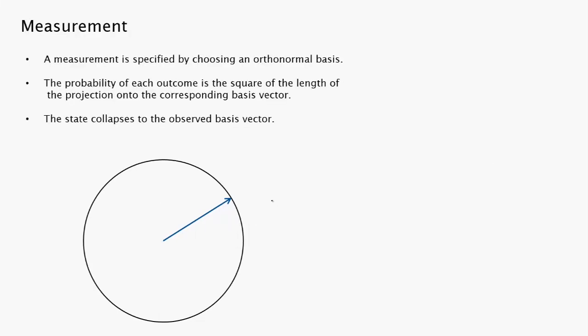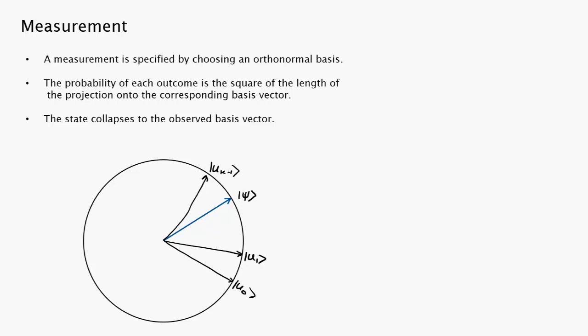Now, what happens when we measure the system? In general, a measurement of the system involves choosing an orthonormal basis. So we choose an orthonormal basis, let's call it u0, u1, through u k minus 1. So this is our choice of orthonormal basis. And now, this is the state vector.